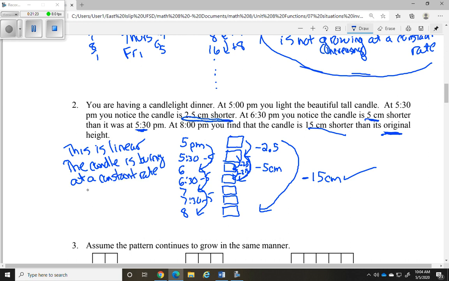It seems like we could say it decreases by 2.5 centimeters every half hour.